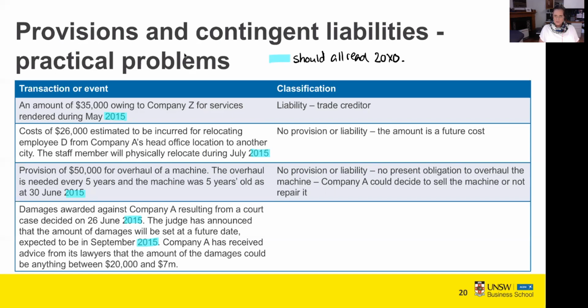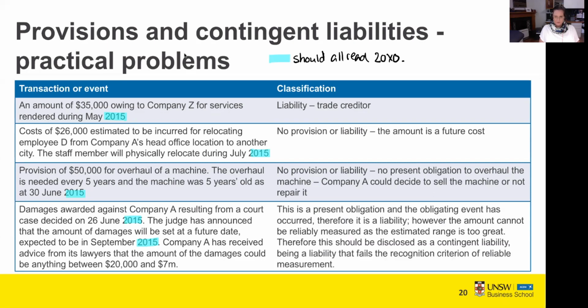But the judge hasn't yet advised about what the penalties will be, and the lawyers are currently estimating that it could be anything from 20,000 to 7 million. So even though we know there's a present obligation, we cannot reliably measure it. Because it is unable to be reliably measured, it means it has to be disclosed as a contingent liability in our notes.